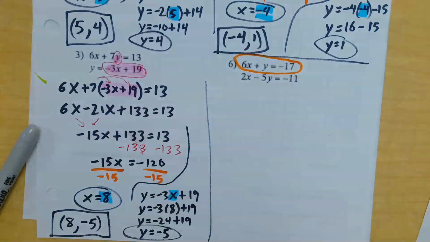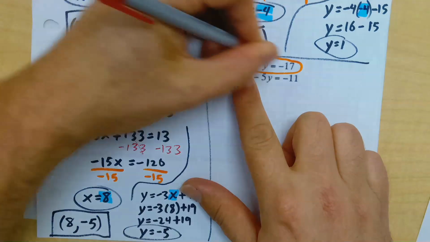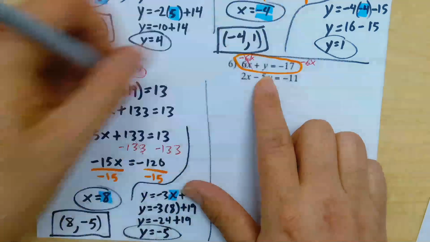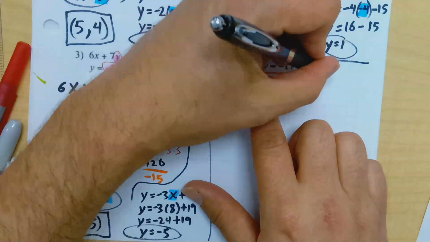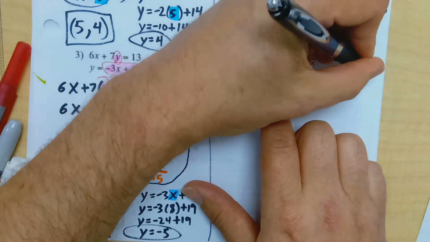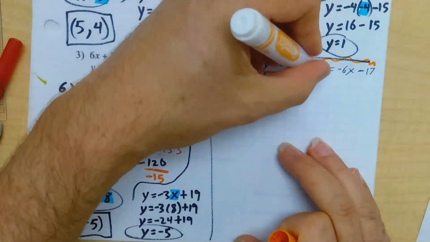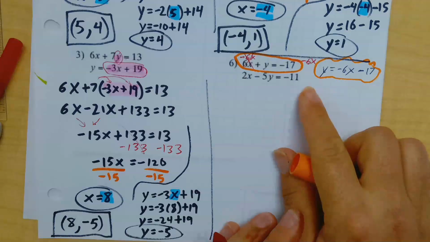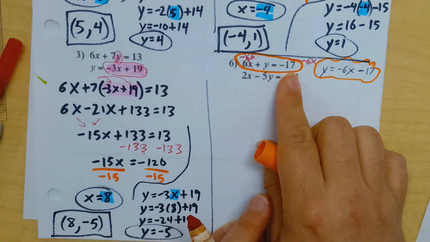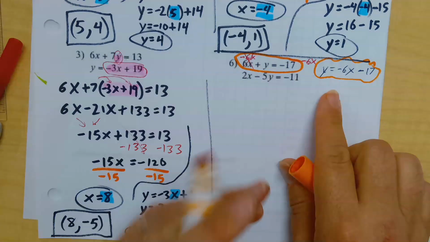And fortunately, all we have to do is subtract 6x on both sides, and then we will end up with y equals negative 6x minus 17. Okay, some people in class today had a little difficulty with this. So we subtracted 6x on both sides of the equal sign, and then we're just left with y equals negative 6x minus 17.